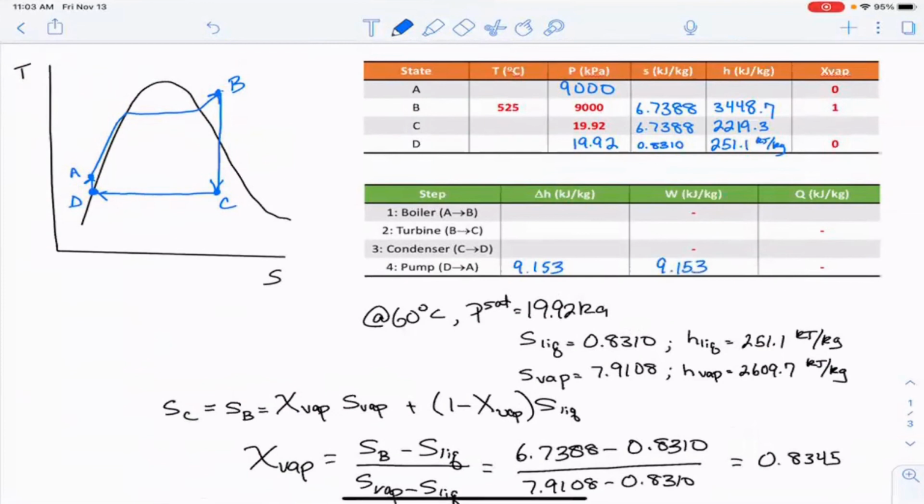And the other thing that we can do is find the enthalpy at A if we want to, right? And that's just 251.1 plus 9.153. So that enthalpy would be 260.3 kilojoules per kilogram.